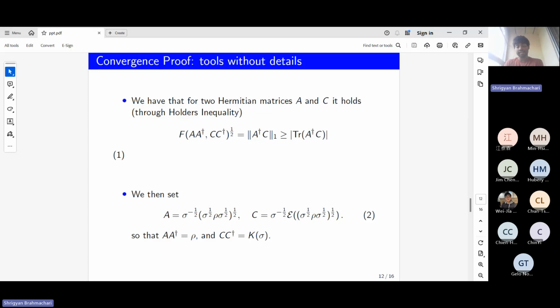If you pick A as sigma to the power minus half times the geometric mean, and C as the twirling of the geometric mean, then you find that A dagger A is equal to rho, C C dagger is k of sigma, and the trace of A dagger C will simply become the desired term. If you insert A and C, equation 2, into the above equation 1, you end up getting equation 3.